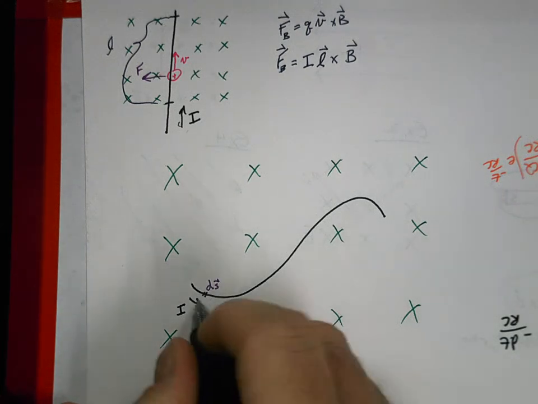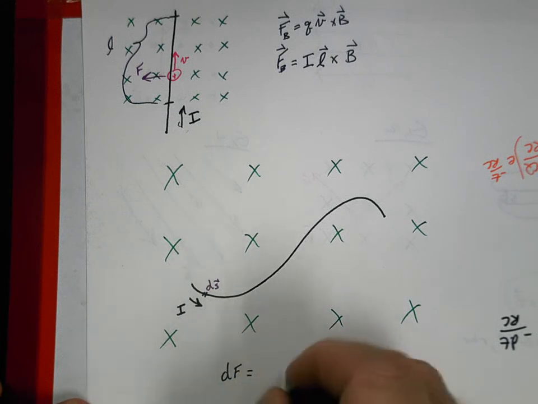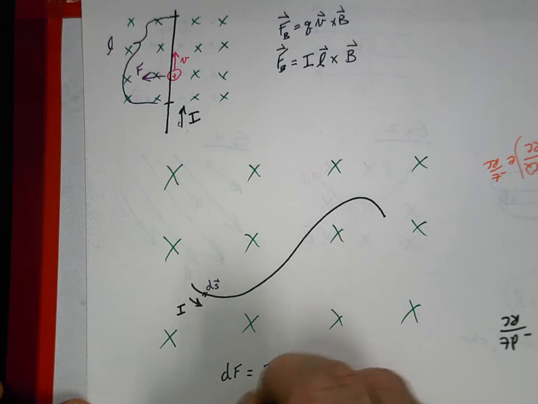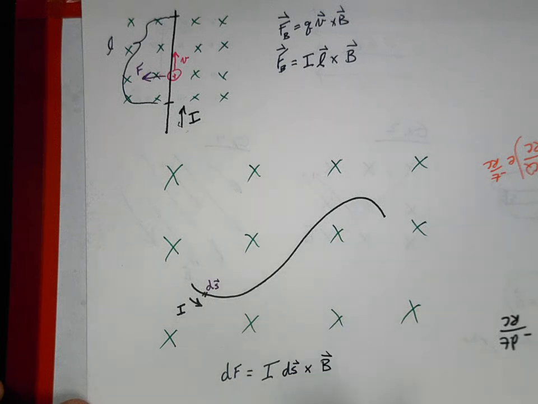This little ds is going to give us a differential force equals our current times our differential L crossed with our B. Now, because this is a cross product, the order matters.